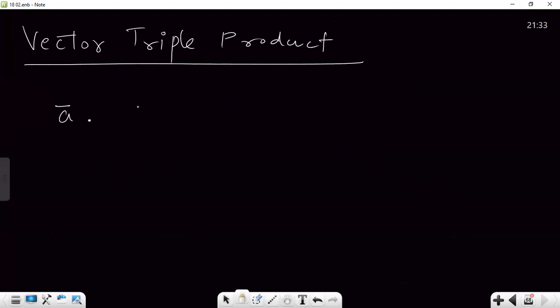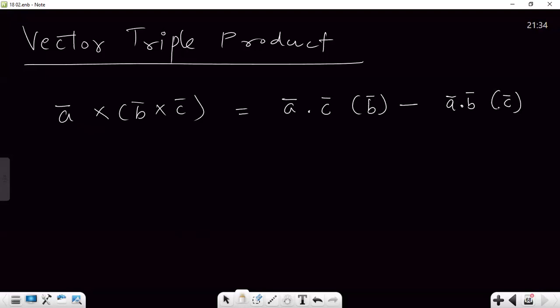Earlier, this was the case, but this time there will not be a dot here. There will be a cross. This is the vector triple product. And its expansion is A dot C into B vector minus A vector dot B vector into C vector.